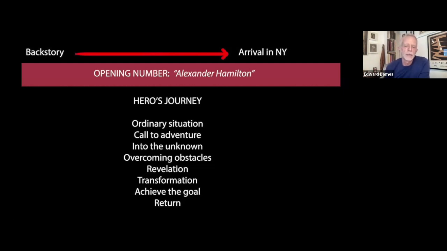And the return can be either like going back home, literally returning. It could be dying. It could be going to heaven. It's any of those kind of things, the return back to the show. So what we're looking at here with Hamilton is a full-fledged hero's journey. And obviously, the hero is Alexander Hamilton.